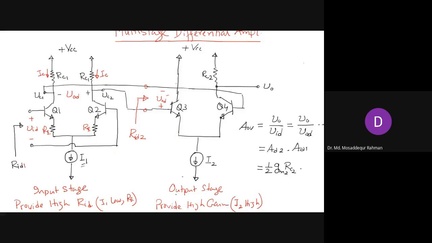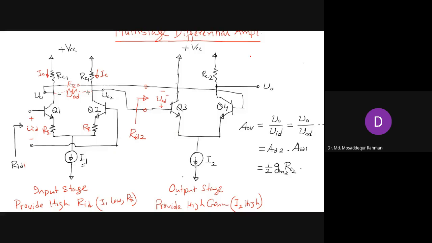That input resistance will appear like a load resistance for the first stage. So the actual, effective resistance in the collector for the first stage.